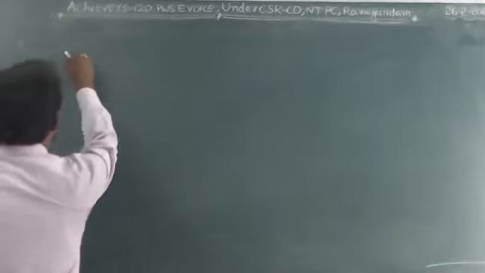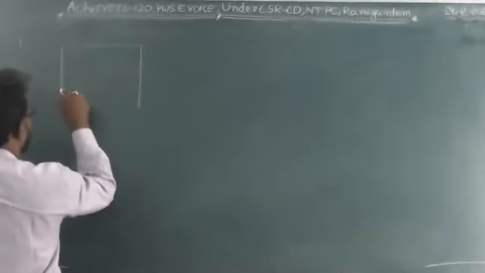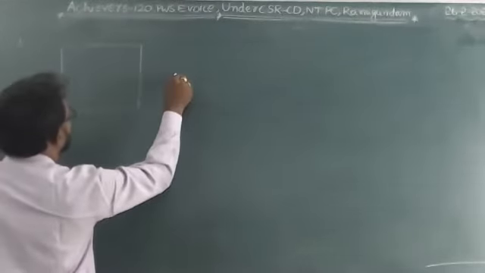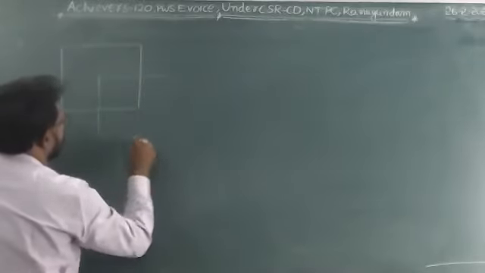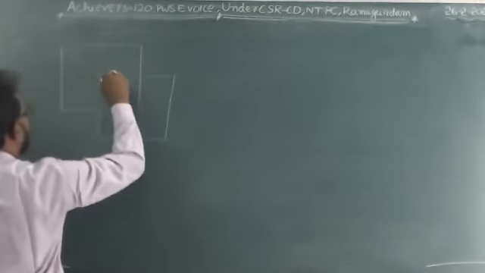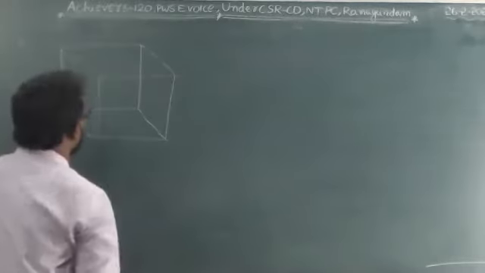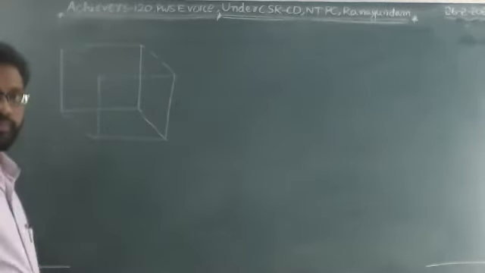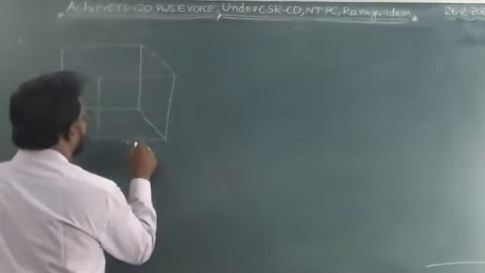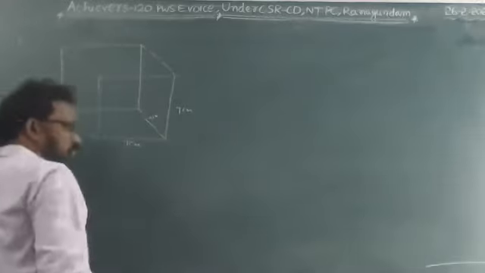See, a 7 centimeters cube. First, you take the cube here. If you draw the figure, then it will be very easy to execute this. So this is the cube with 7 centimeters, everything 7 centimeters.